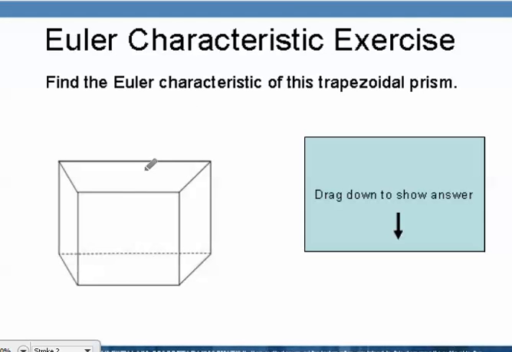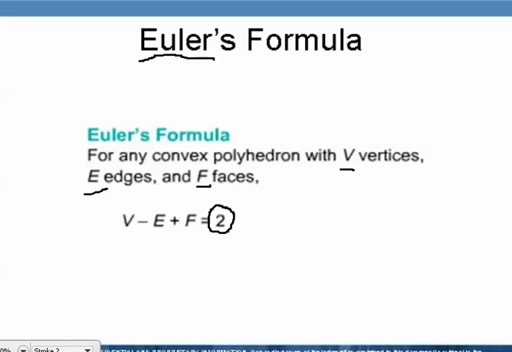Okay? So looking at this one, how many faces are on this particular thing? Well, on faces, I see 6 of them. How many vertexes do you see on this one? I found 8 vertexes. And how many edges are there on this one? Well, there are 4 on bottom, 4 on top, and 4 between them. There are 12 edges. So let's look at our formula here.